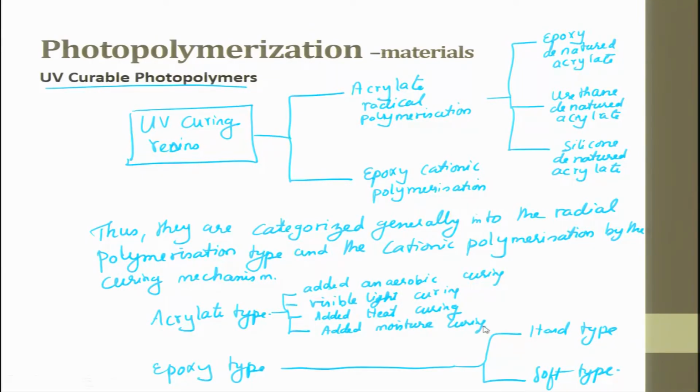So, this slide in totality talks about UV resin, acrylate, epoxy, and then what are the different kinds of it. Then two types of curing: the acrylate type is adding anaerobic curing, visible light curing, heat curing and moisture curing. Epoxy type is hard and soft types. So, other than this we also have radical type products whose main material is silicon. So, these are the primary materials which are used in photopolymerization.